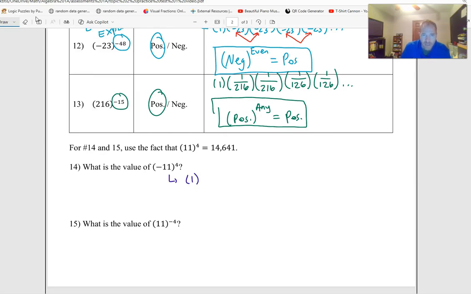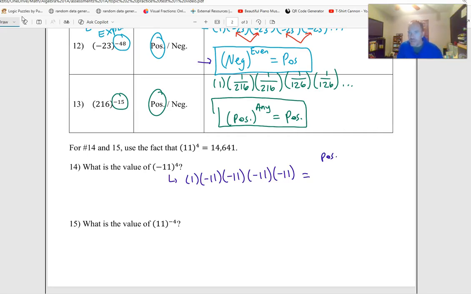It's a positive exponent, so I can write and multiply with the base 4 times. So let's see here. I know that this is going to come out positive. We could go back up to what we did up here. A negative base with an even exponent, 4 is even, is going to be a positive. But the question is positive what?